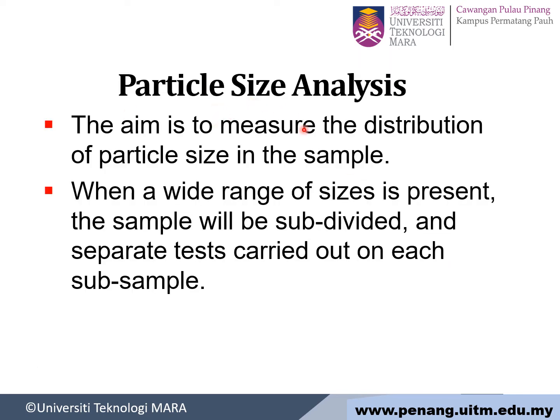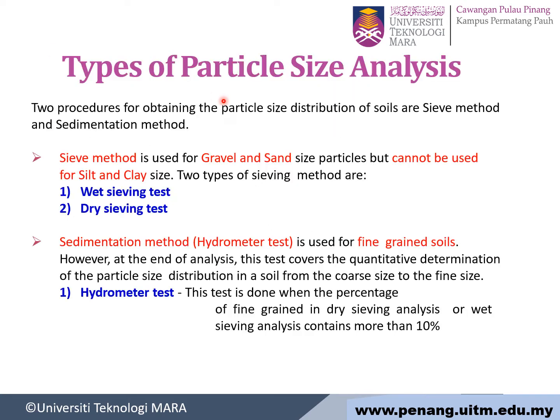Particle size analysis aims to measure the distribution of particle sizes in the sample. When a wide range of sizes is present, the sample will be subdivided and separate tests carried out on each subsample. Alright, for types of particle size analysis, two procedures for obtaining the particle size distribution of soil are the sieve method and the sedimentation method. The sieve method is used for gravel and sand size particles, but cannot be used for silt and clay size.